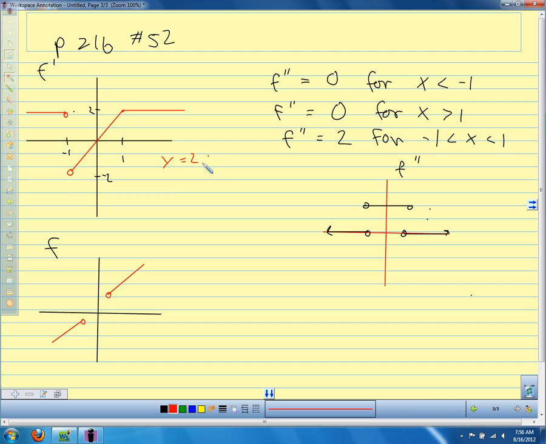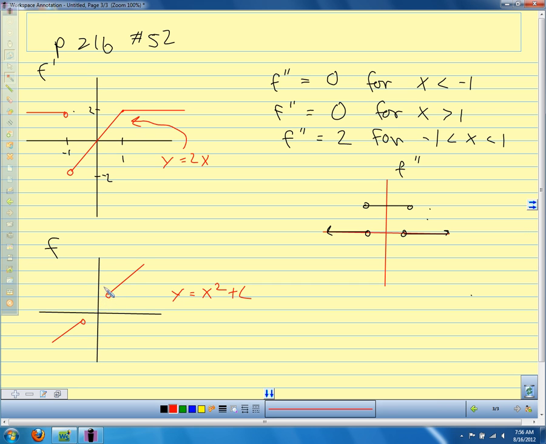So y equals 2x is the equation of this line. That's our derivative, so our original function is going to be y equals x squared plus c. Because it has to match up with these graphs, that fixes our constant.